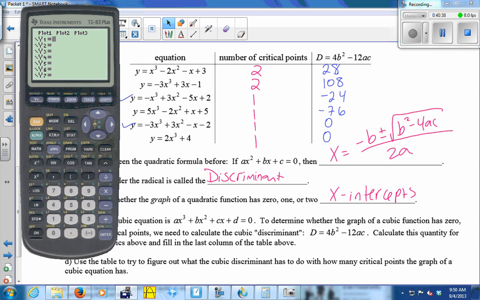I've got negative x cubed plus 3x squared minus 5x plus 2. That actually looks like it doesn't ever get flat. There's no flat place. It's sort of always decreasing. So I think that this one has 0 critical points.